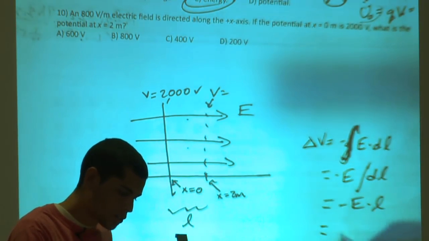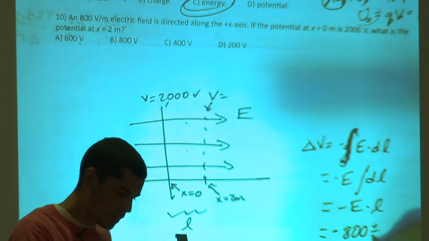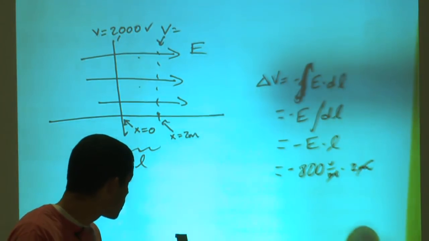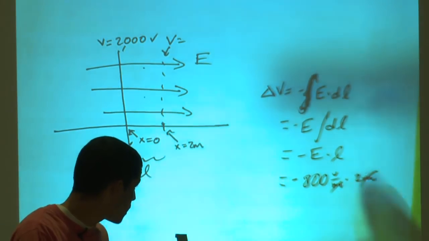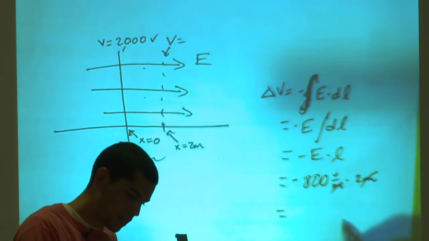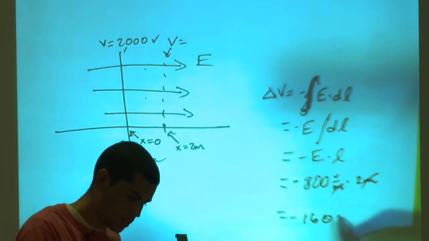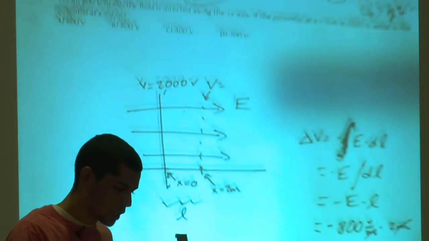We'll have the magnitude of our electric field, 800 volts per meter, times the length, 2 meters. We see our meters cancel, and then we get 800 times 2. So it's negative 1,600. This is our change in potential.